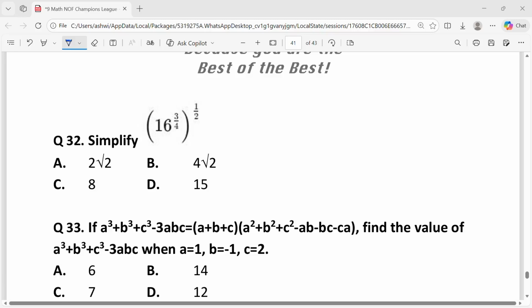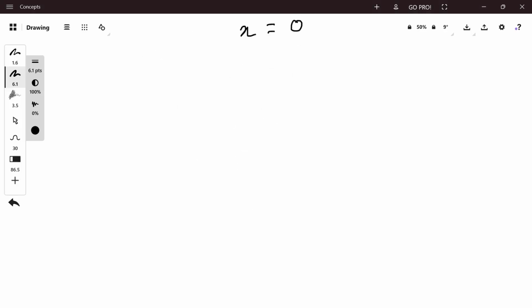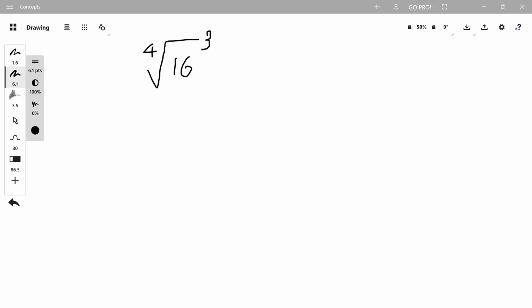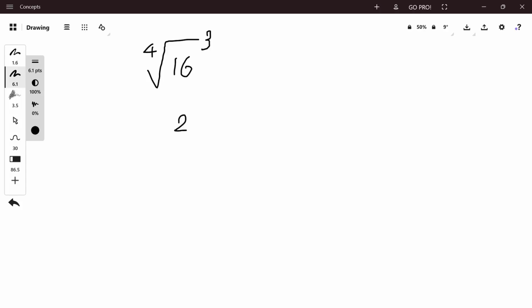Question 32. Simplify (16 to the power 3 by 4) to the power 1 by 2. First, simplify the inner term 16 to the power 3 by 4. This can be written as the fourth root of 16 cubed. The fourth root of 16 is equal to 2, that is 2 to the power 3.